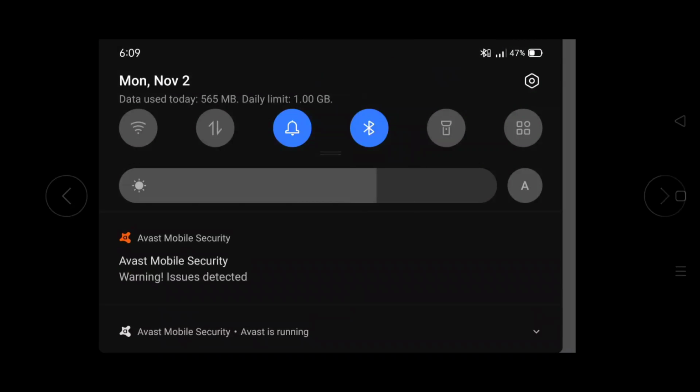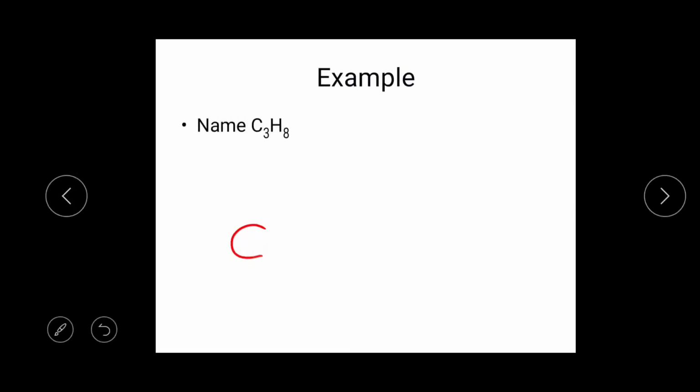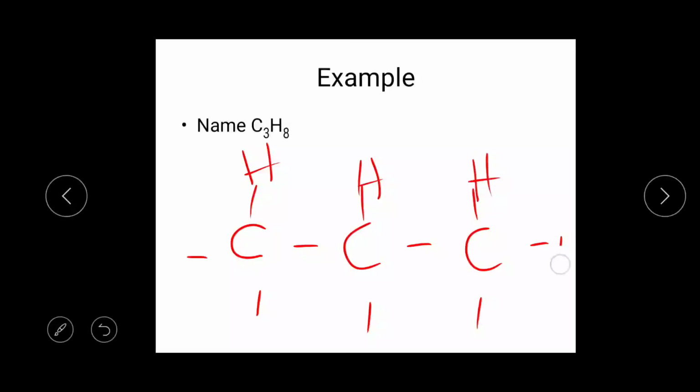It simply indicates that there are 3 carbons present, then we have 8 hydrogens.